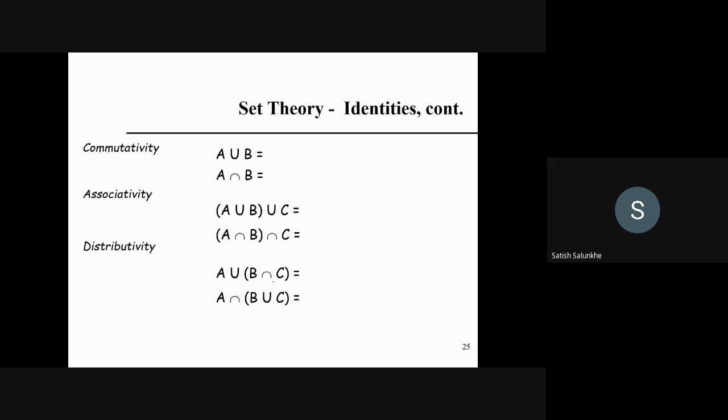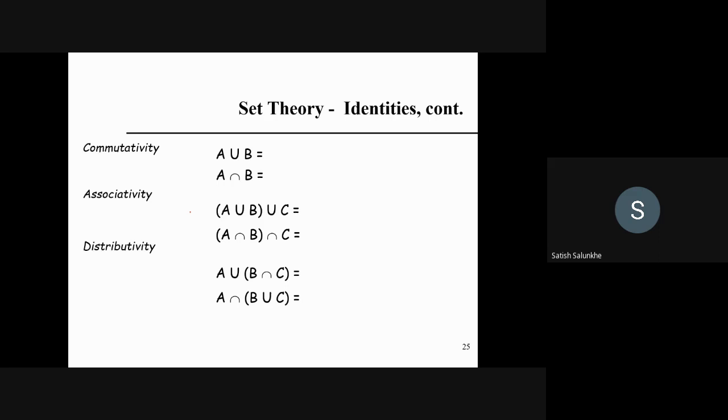Now, the next laws deal with operators having more than one set. Commutative means we are checking a property of the operator. Commutativity is like 5 plus 3 giving 8 in a mathematical operation.